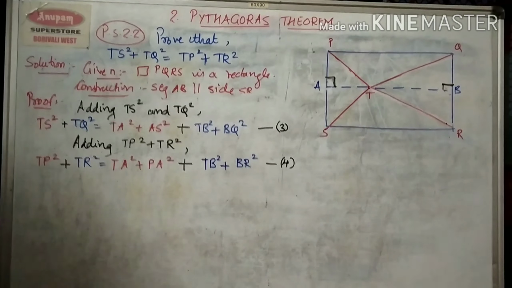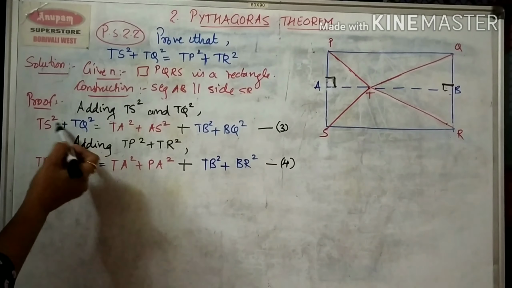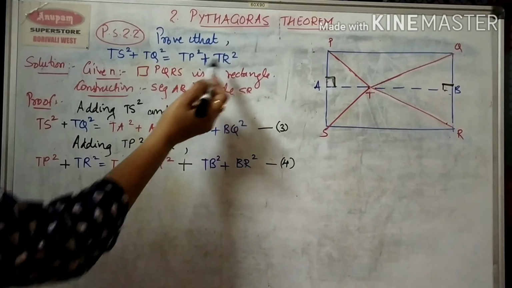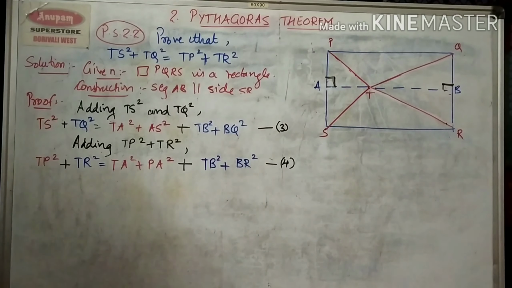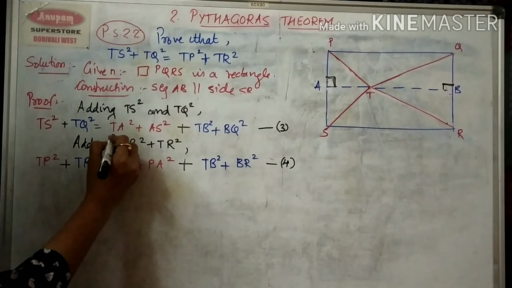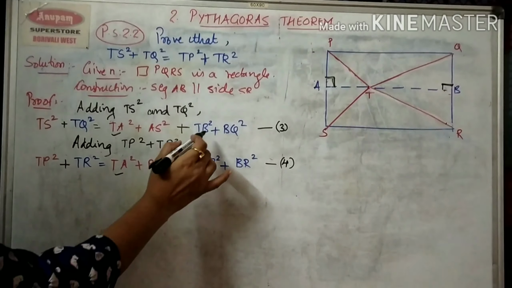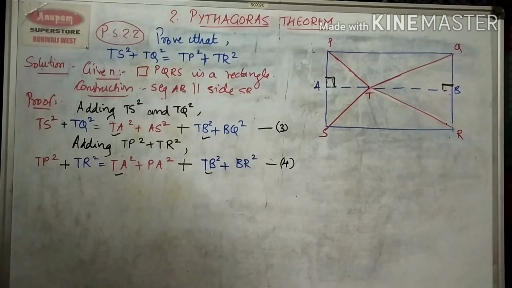That is because of this question. It's given in the question, TA square plus TQ square, so I added those, and also it was given this, so I added these two. When I added these, I got the right hand side as these parts. If you look here, TA square and TA square is same. AS and PA we don't know. TB is again the same.